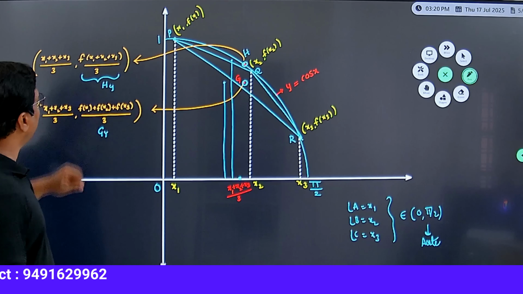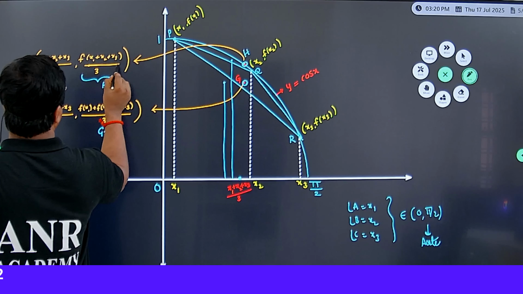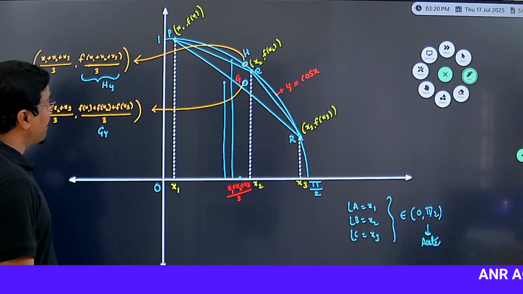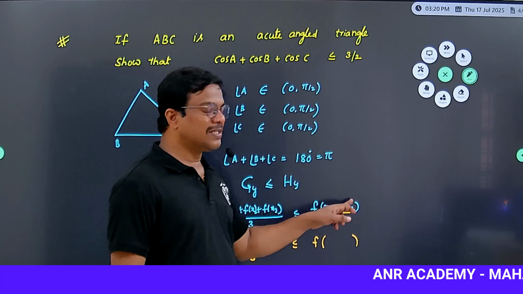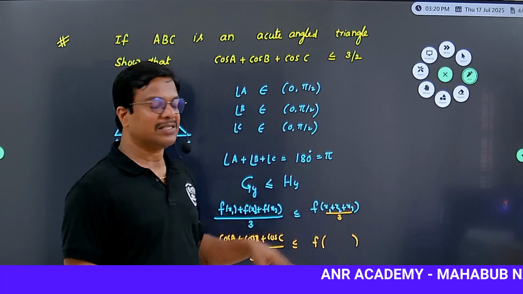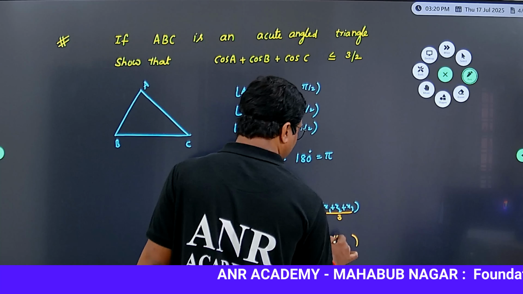Only the internal part you have to write. Here x1 + x2 + x3 is clearly the sum of internal angles, that is 180 degrees, divided by 3, that is pi/3.